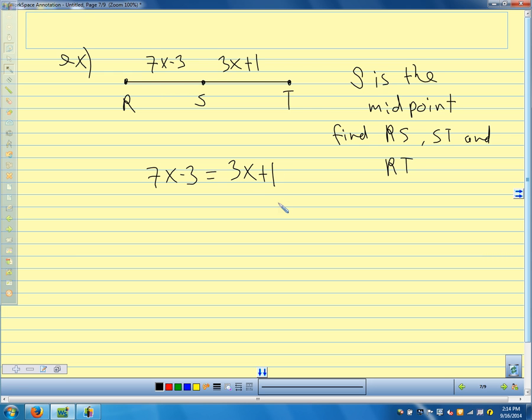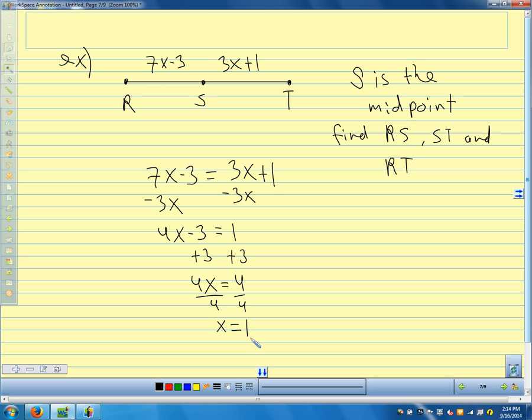They're equal. Bisected, so the two parts are the same. And now we know how to solve this problem. I'm going to subtract 3x from both sides. So we get 4x minus 3 equals 1. This one turns out to be really nice. Plus 3, so 4x equals 4. And x equals 1. And we're done, right?